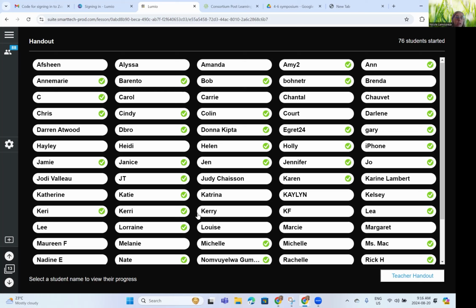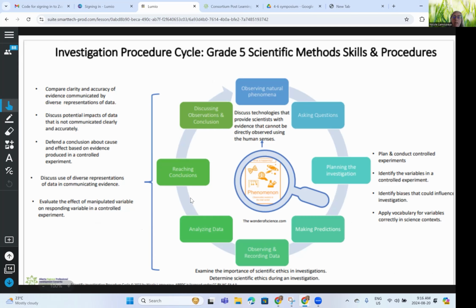Okay, so I'm going to move on and review this. Okay, so obviously discussing technologies that provide scientists with evidence that cannot be directly observed is observing the natural phenomena. But planning the investigation, plan and conduct a controlled experiment. Identify the variables.